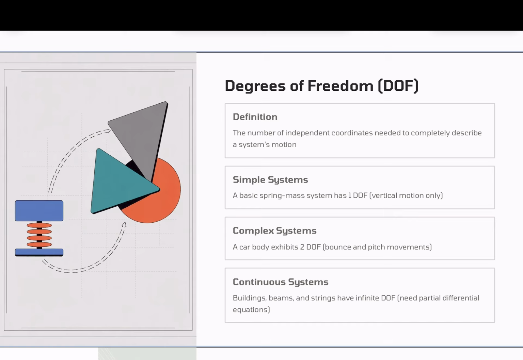Because every single point of it can vibrate. To study those, we use differential equations and approximation methods. So, degree of freedom is one of the most important concepts in vibration analysis. It tells us how complex the system is and what type of equation we will need to describe this motion.